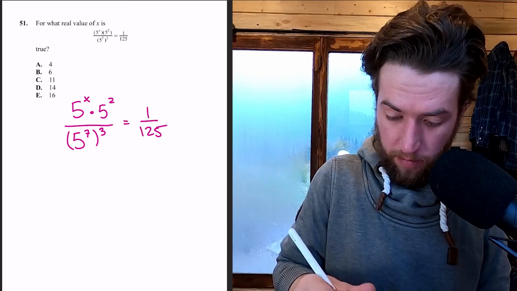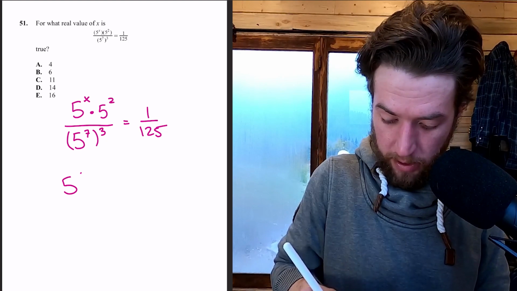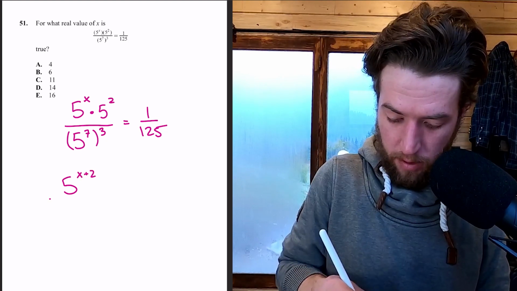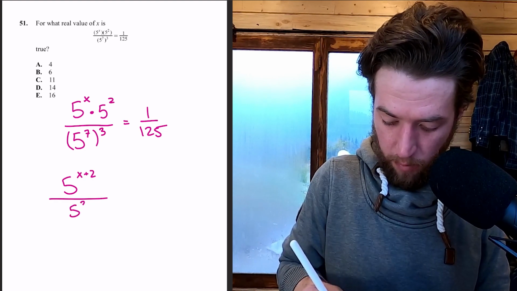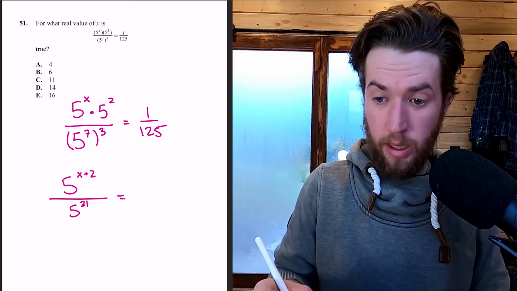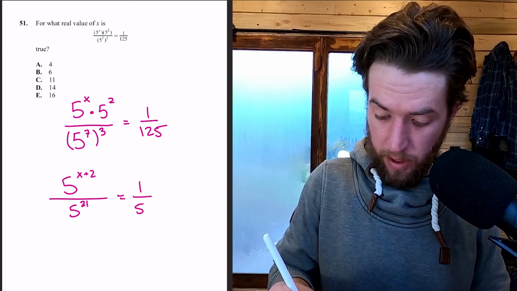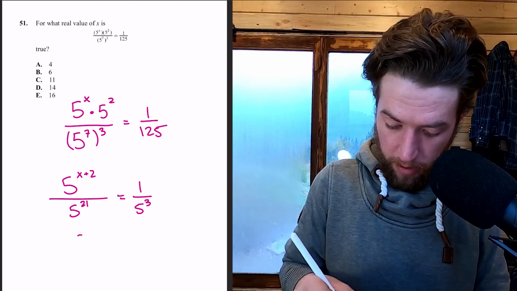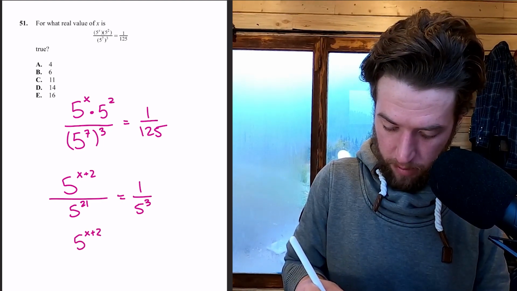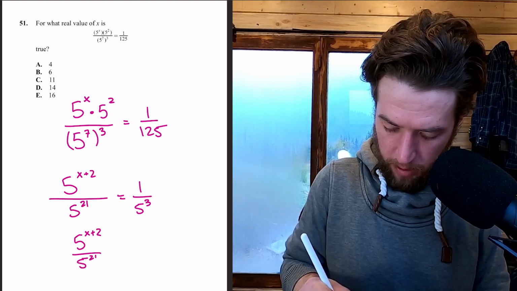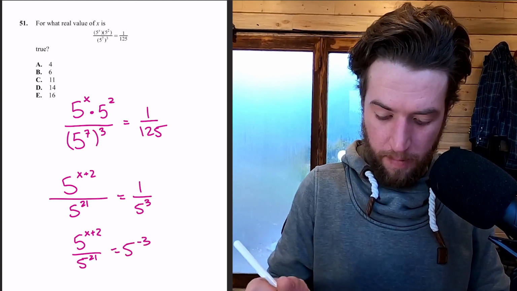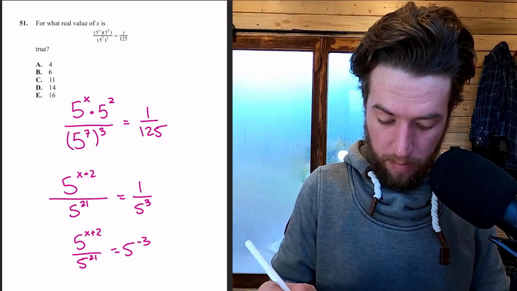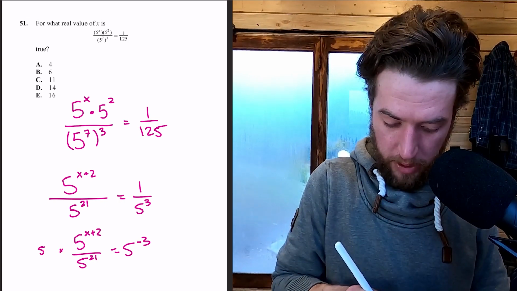Let's do 5 to the x times 5 squared is 5 to the x plus 2, over 5 to the 7 times 3, which is 5 to the 21, which equals 1 over 5 to the 3rd. Now let's keep going. 5 to the x plus 2 over 5 to the 21 equals 5 to the -3. If you flip that, multiply by 5 to the 21 on both sides.